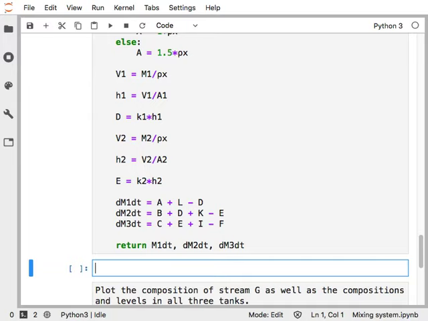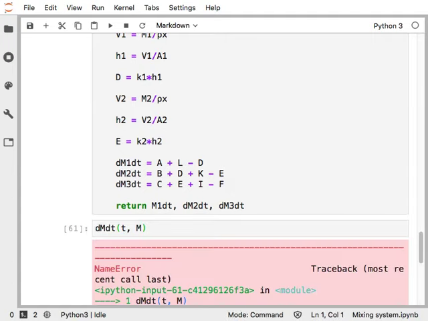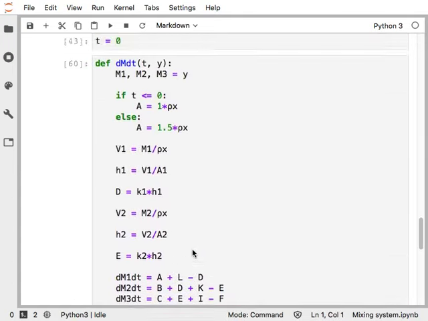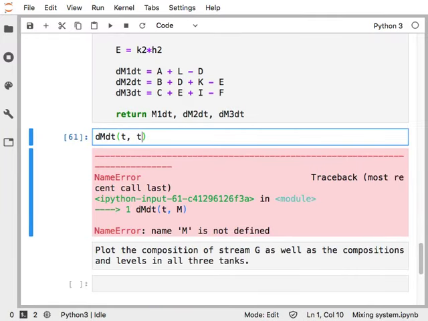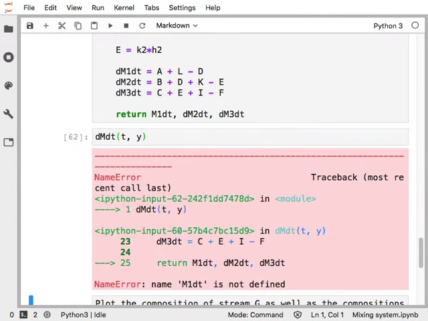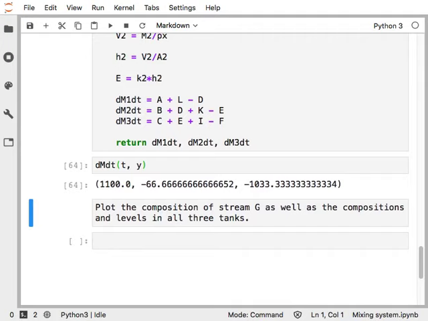Okay, so now I just need to check that it actually works, right? So I'm going to calculate the MDT at this T and M. Now that's not going to be 0, but I just want to check that it actually works. So there you go.